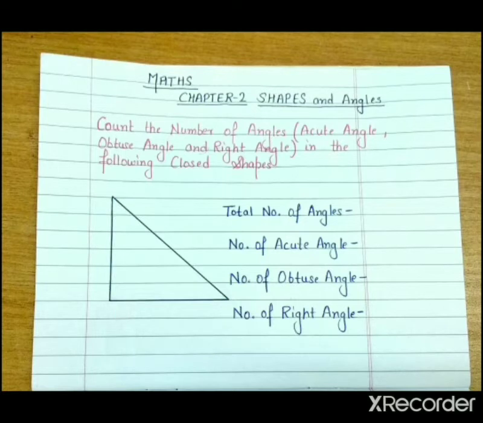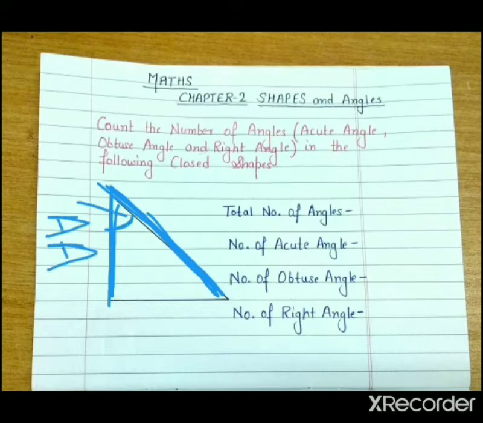Now if we consider this as the baseline, and this is not standing straight on the baseline, this is less than 90 degrees, so this angle is called an acute angle.